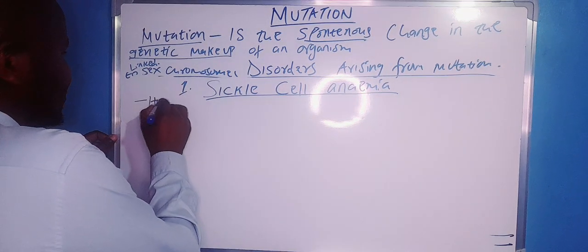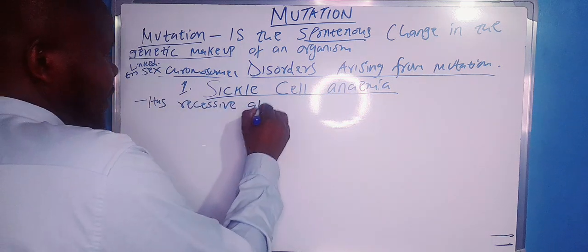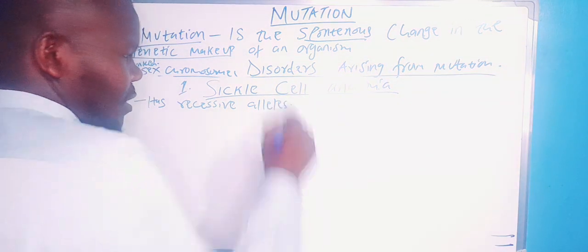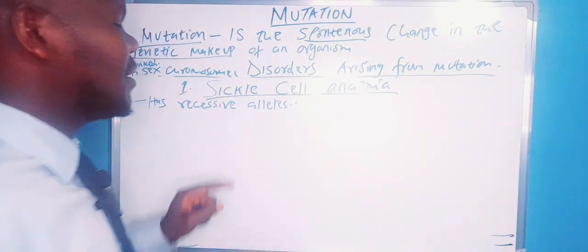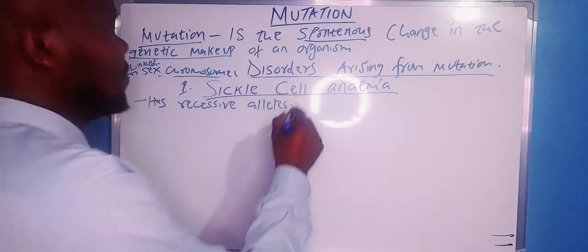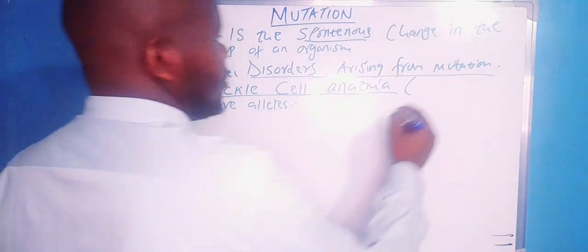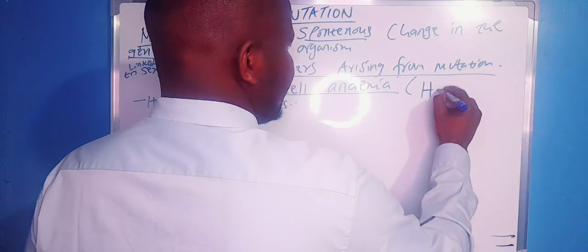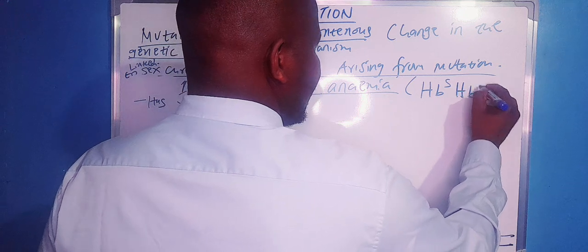So when a person has sickle cell anemia, this person has recessive alleles. They have recessive what? Alleles. And which are these recessive alleles? When it comes to sickle cell anemia, when you do your genetic crossing, you'll be using HbS.